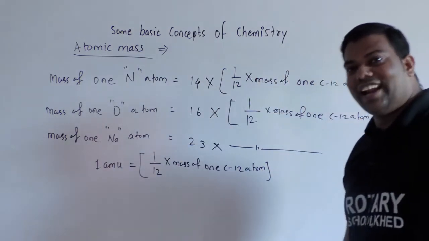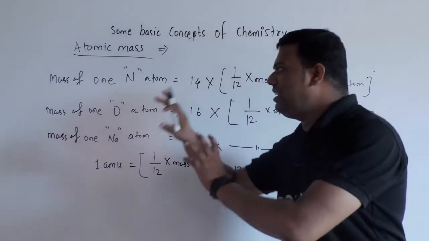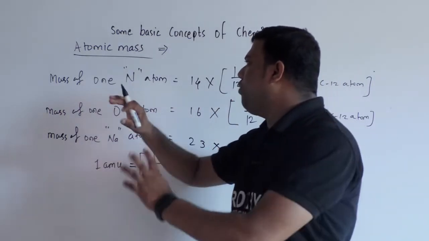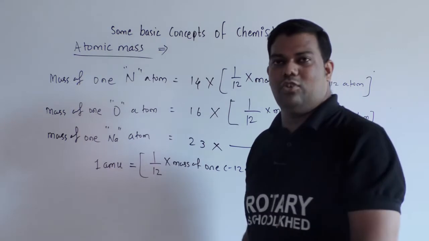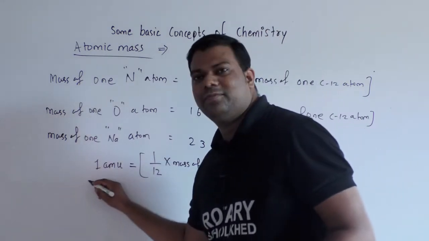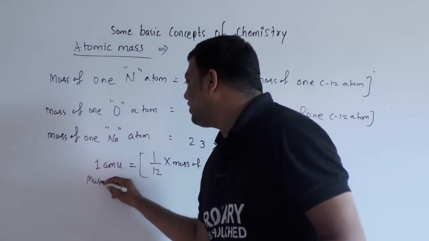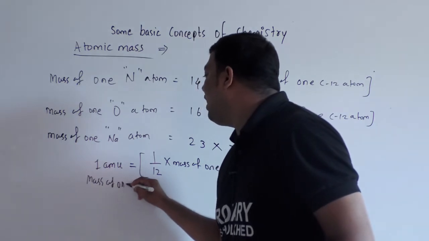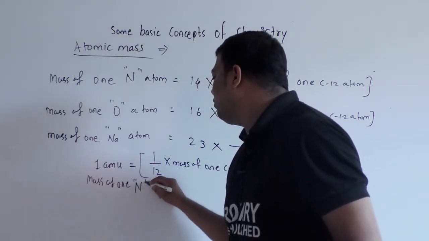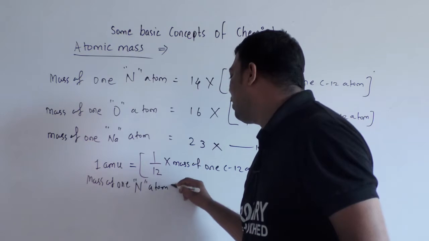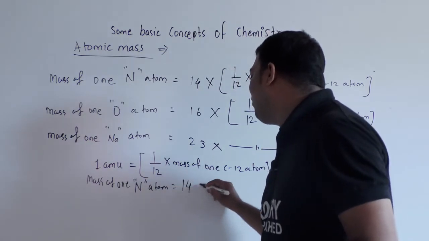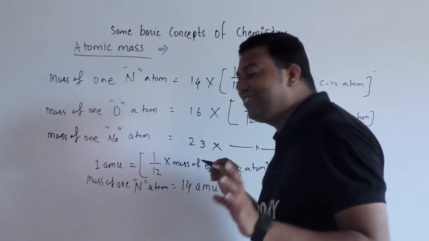Now how will we write the mass of one nitrogen atom? Suppose I want to write the mass of one nitrogen atom. So how will I write? Yes, 14 AMU.